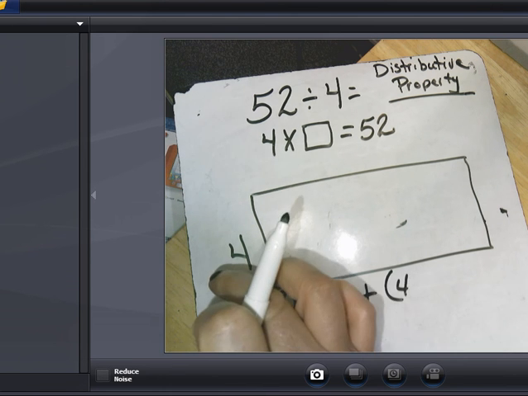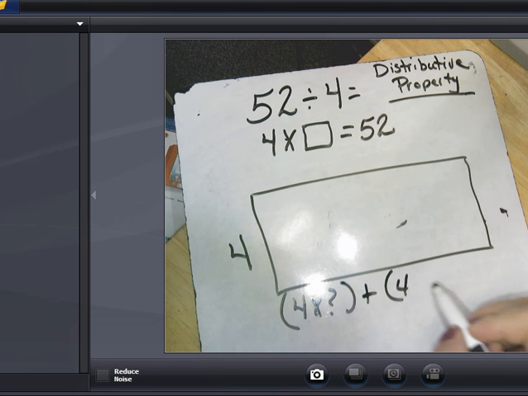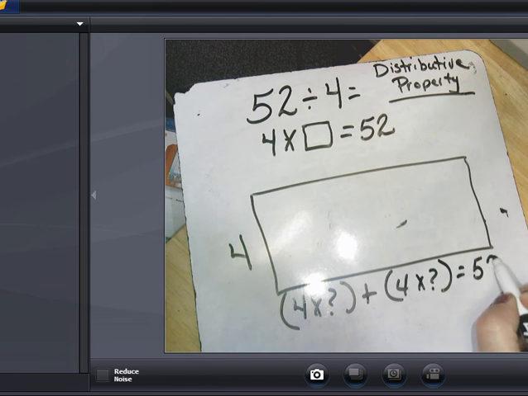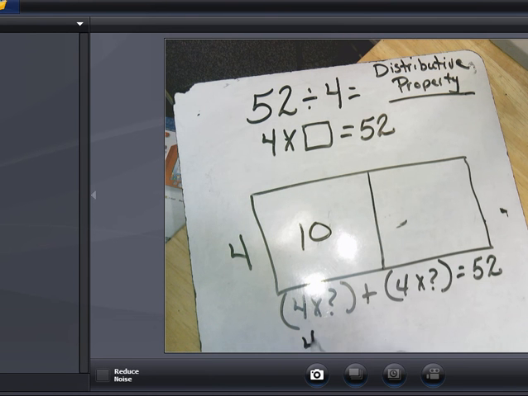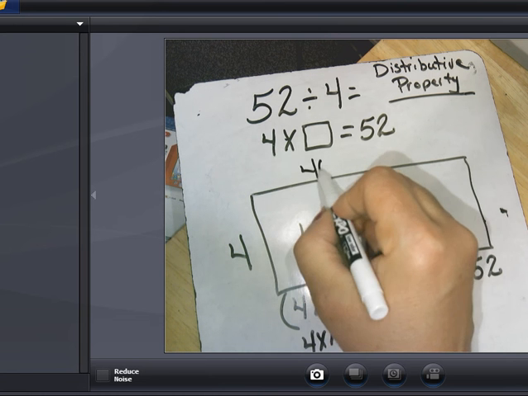Remember, when I distribute it out, I distribute it out evenly, and it will get me to 52. For my first one, I'm going to try and take something simple that I know. Well, I know 4 times 10 equals 40.